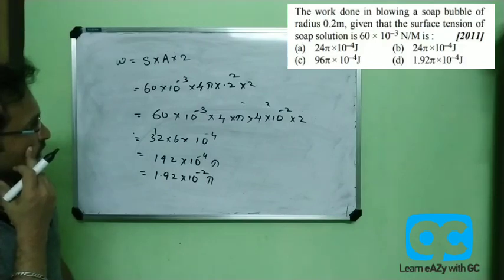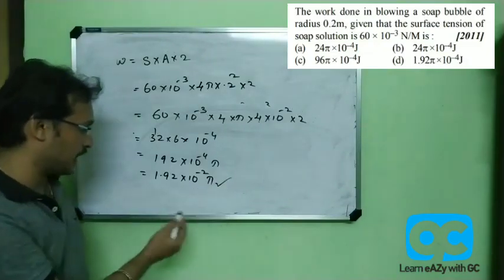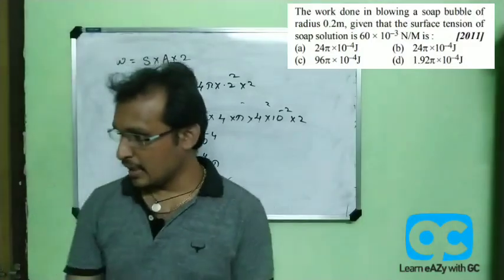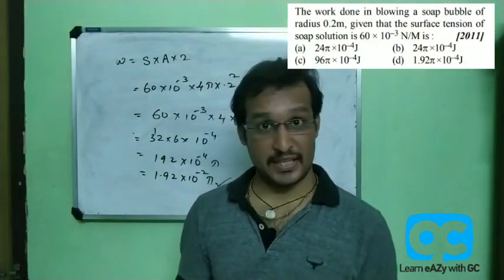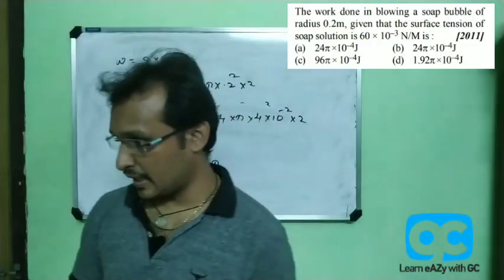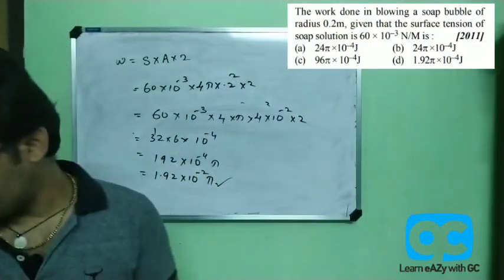So 2 into 4, 8 into 4, 32, 32 into 6, 192 into 10⁻⁵. It is correct, right? The answer is 1.92 into 10⁻² pi again. There is no such option. You also check once again. I don't think any of the options are correct. Okay, cool, fine.